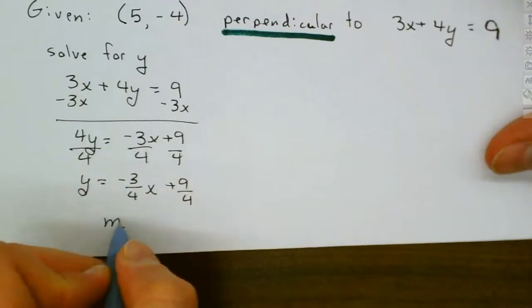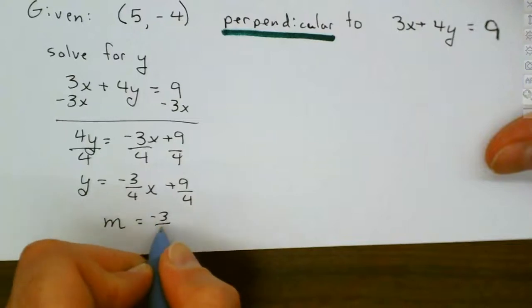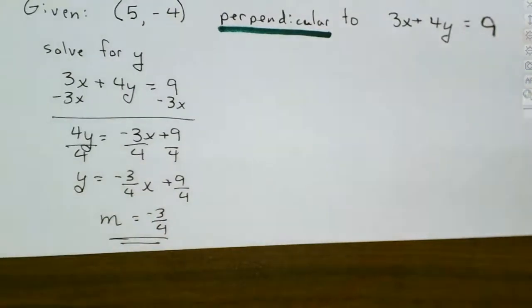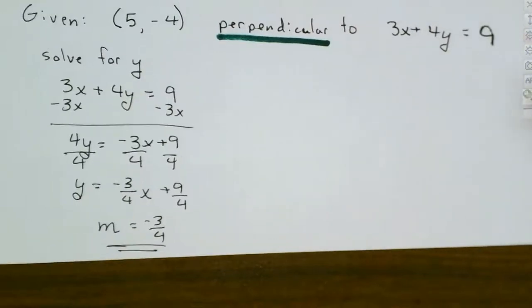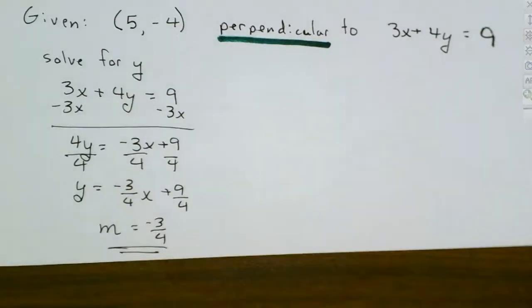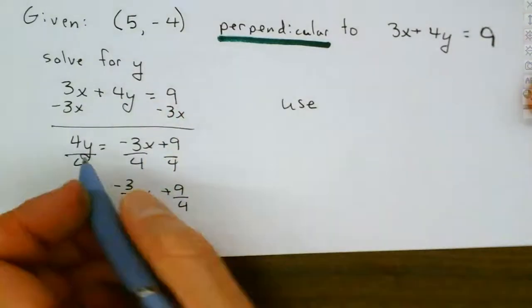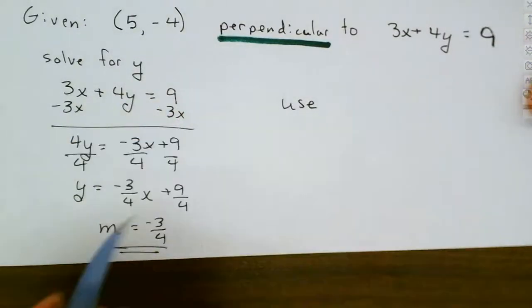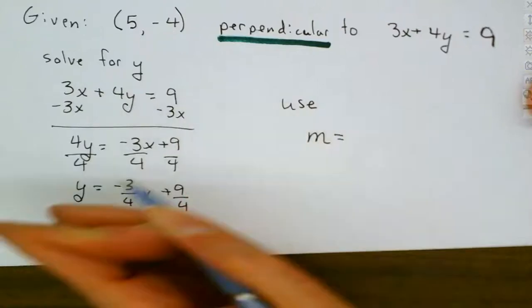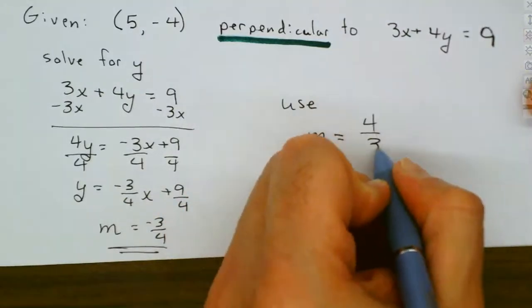And what would my slope be? Minus 3/4. Is that the slope we're going to be using though? No. Okay? Why not? If this had been parallel, we would use that slope. If it was parallel, if this said parallel, we would keep this slope. But we want the perpendicular part. So that means we're going to have to use the negative reciprocal, positive 4/3.